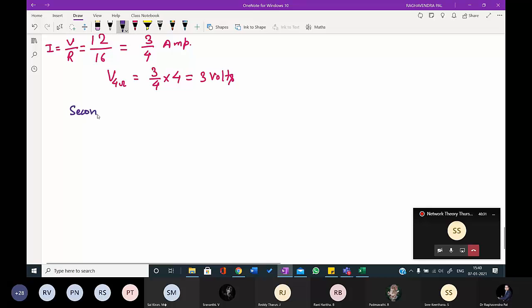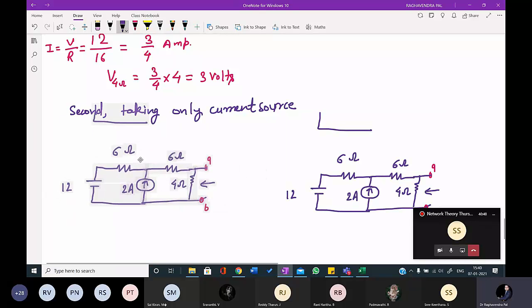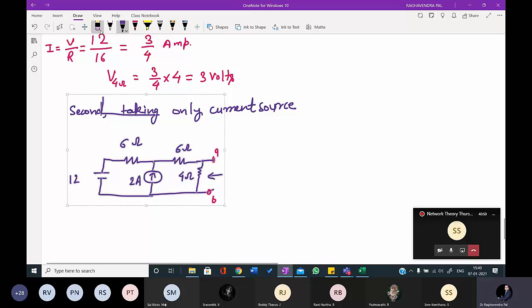Second, taking only the current source. Correct? So what will we do now? Again the same figure. I am copy and pasting it, but you should redraw it in your copy.